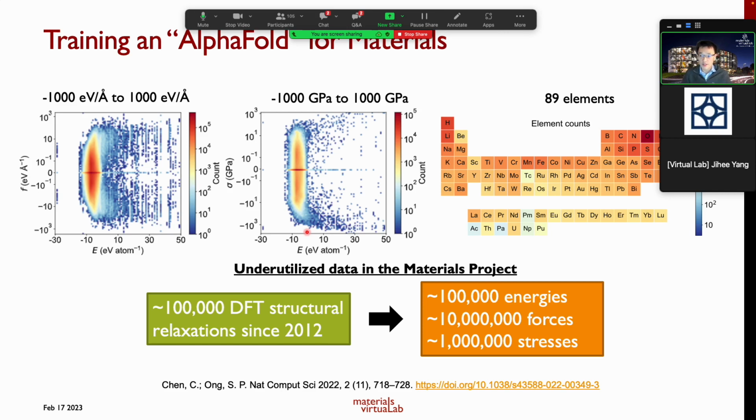So in its database, you have about 100,000 energies, about 10 million forces, and about 1 million stresses, right? And this is a very big and rich data set that we can just throw into our M3GNet model. And in the process of doing so, what we hope to do was to fit an interatomic potential that can work for 89 elements of the periodic table, okay?